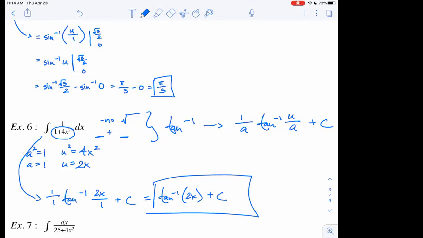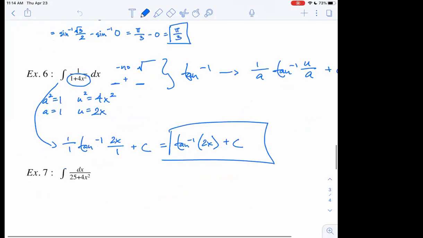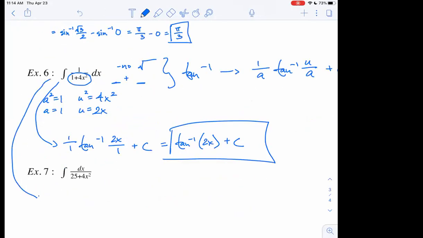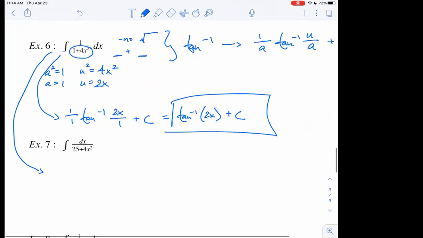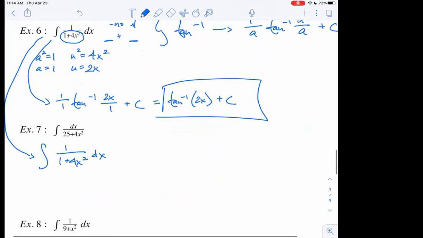I have a question. Sure. So how can you tell if you need to use a U sub or use this formula? Ah, that's a really good question. So let me pretend like I didn't know I was supposed to use the inverse trig, okay? And so let's copy this problem down here for a second. So let's say I had the integral of 1 over 1 plus 4x squared. And I was like, well, we've been doing a lot of U subs, so let me try that.